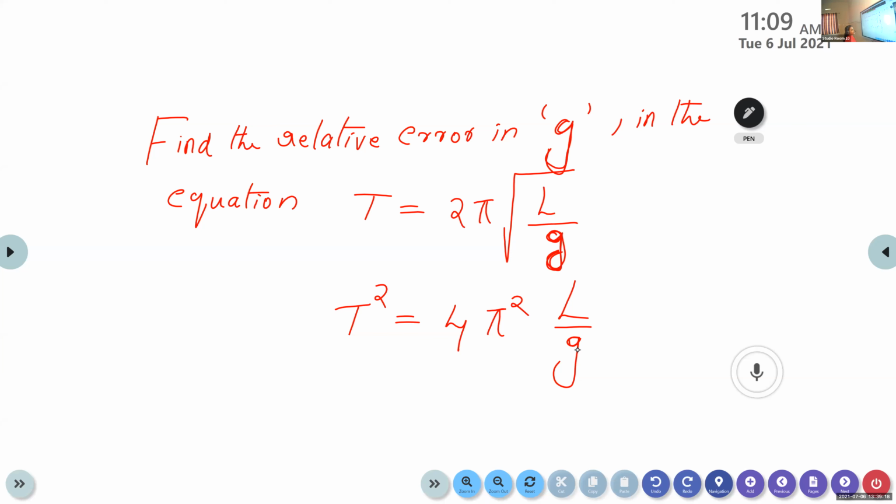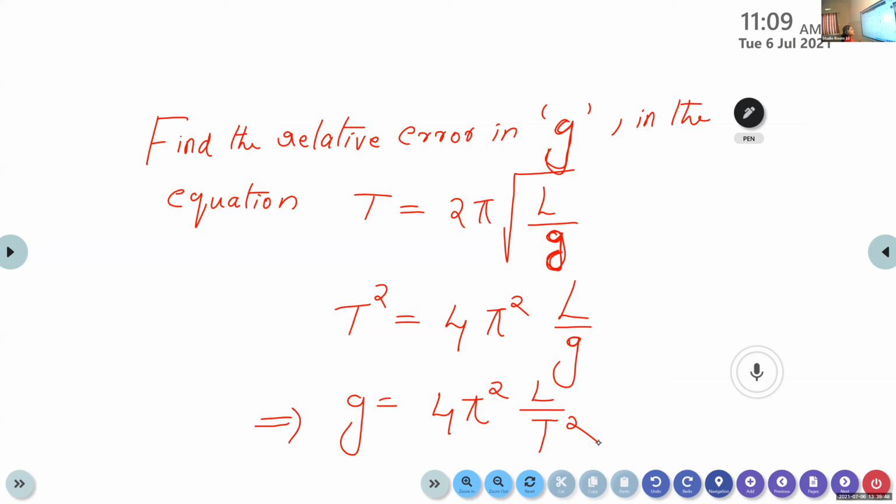T square is equal to 4 pi square L by g, which implies g is equal to, just rearrange the equation. Yes, Niranjan. 4 pi square L by T square. Yes, g is equal to 4 pi square L by T square.